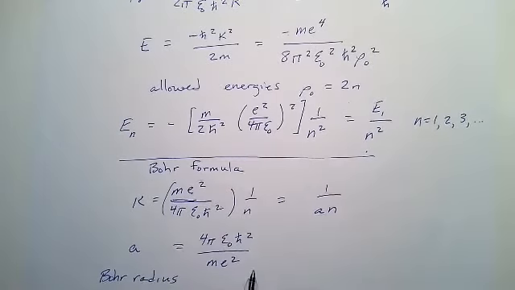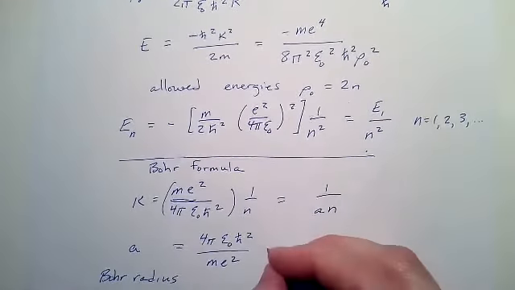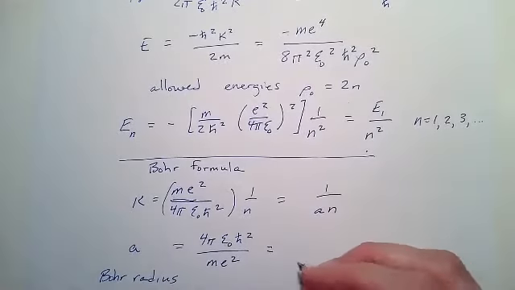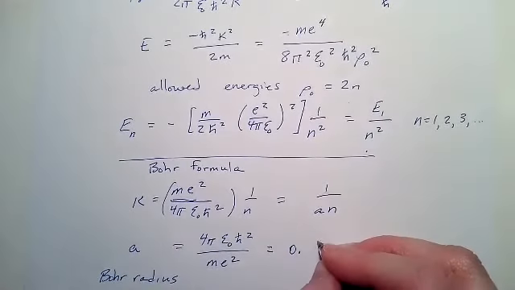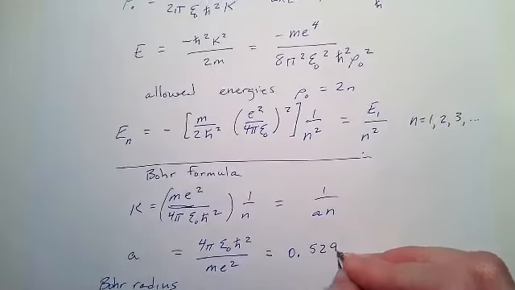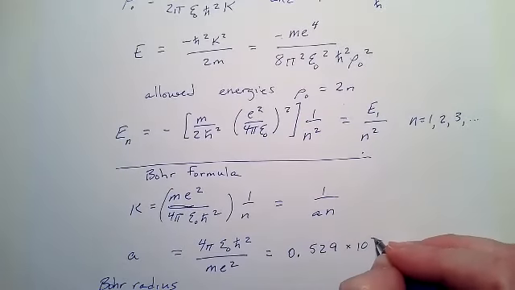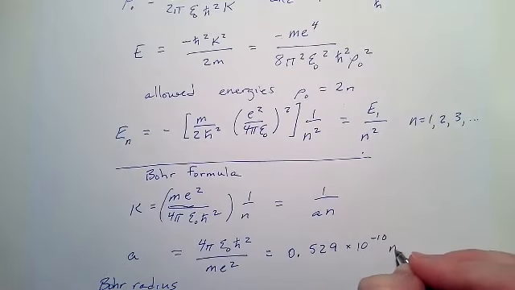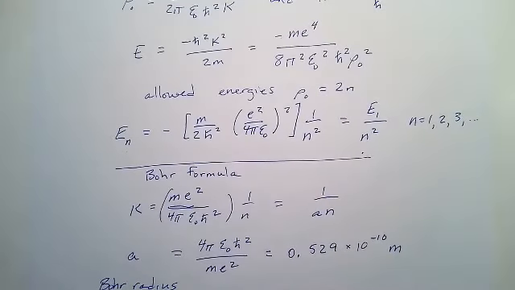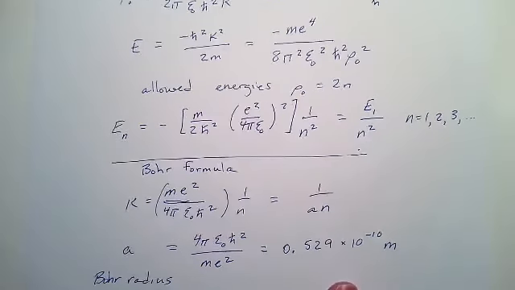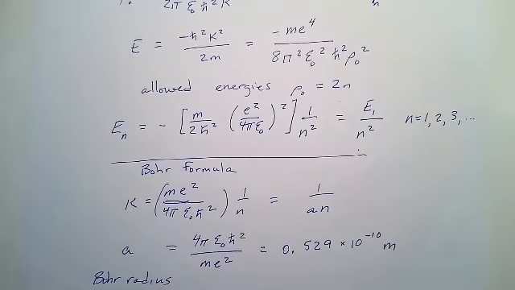So A is our Bohr radius, and we can figure out the Bohr radius with our standard electron values. So for hydrogen anyway, it is about half of an angstrom, right? So that's kind of your size of the hydrogen atom that you know about.